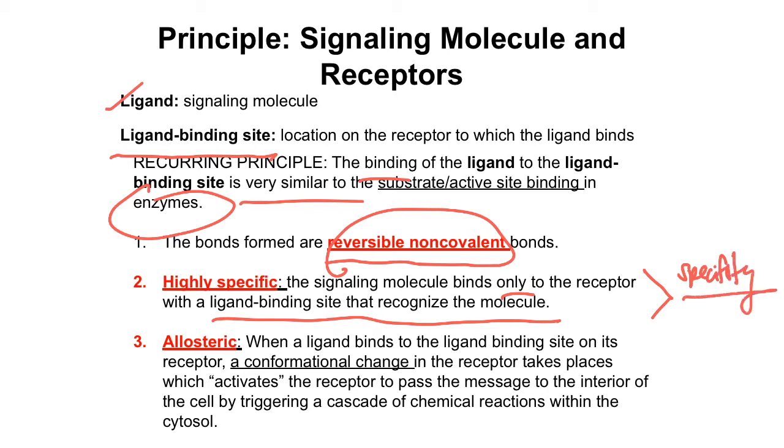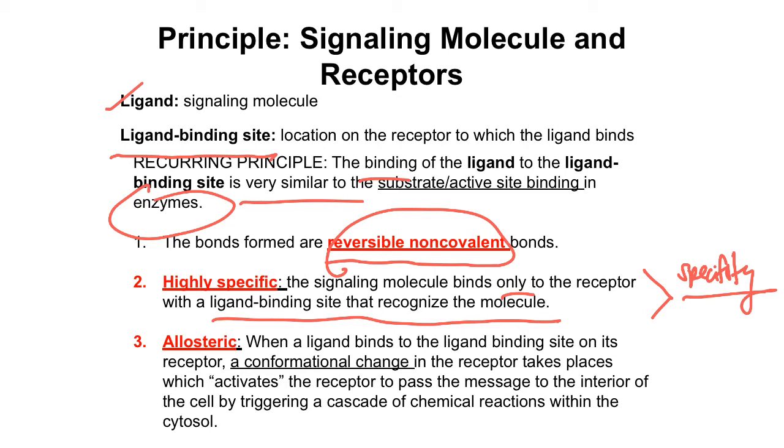So it is highly specific, and therefore the association between signaling molecule and receptors is very exact in terms of their binding. Although the binding is reversible and non-covalent, yet it is highly specific. So only one kind of signal molecule recognizes a specific receptor.